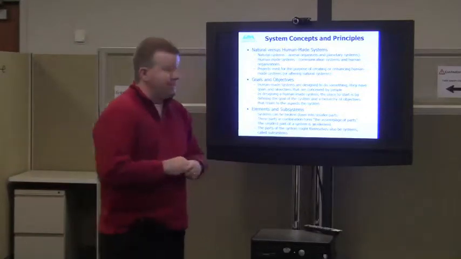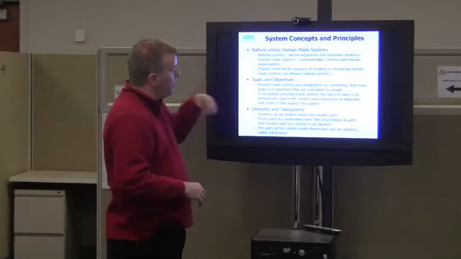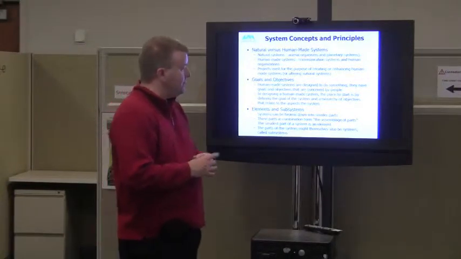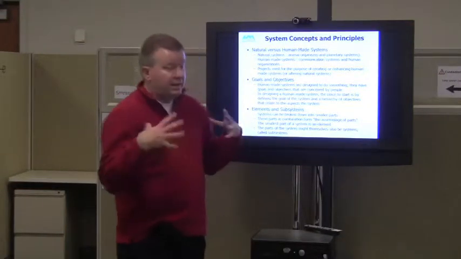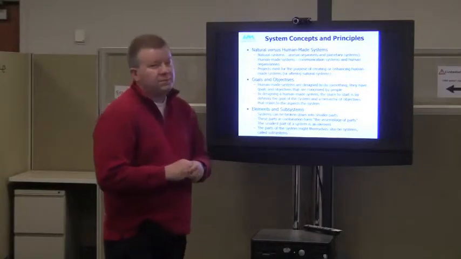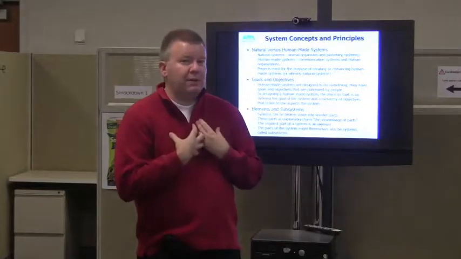There are also elements and subsystems of a system, right? Systems can be broken down into smaller parts. These parts in combination form the assemblage of parts. The smallest part of a system is an element, and the parts of the system might themselves also be systems, but they're called subsystems, okay? Whatever you define a system to be is really in the eye of the beholder.